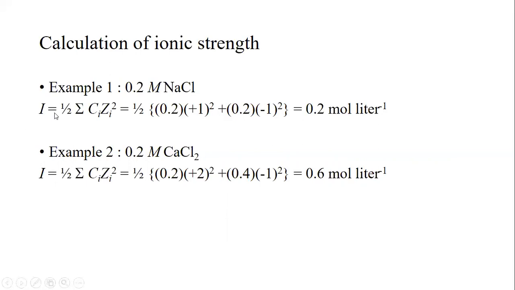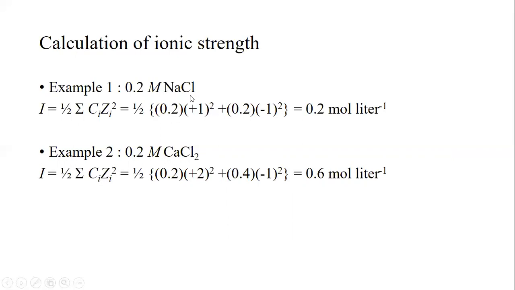So I equals, remember, we put the half, summation of Ci Zi squared. So half, open large parentheses, and between parentheses we start with sodium: 0.2 is the Ci, the concentration of sodium, close the parentheses, times +1, which is the valence of sodium, close these parentheses, you square it.